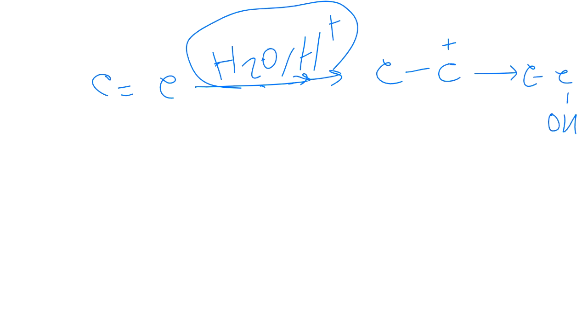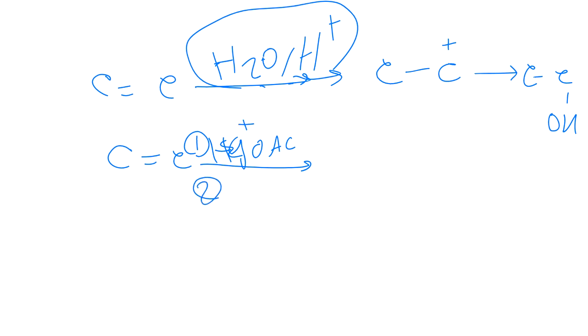But when you are doing oxymercuration demercuration, you have your first set of reagent, HgOAc plus, and then second, you are going to do sodium borohydride.